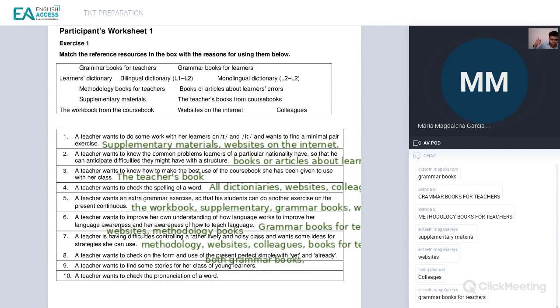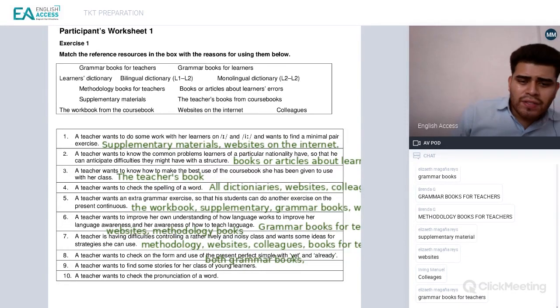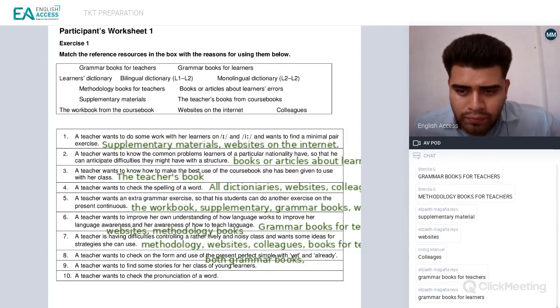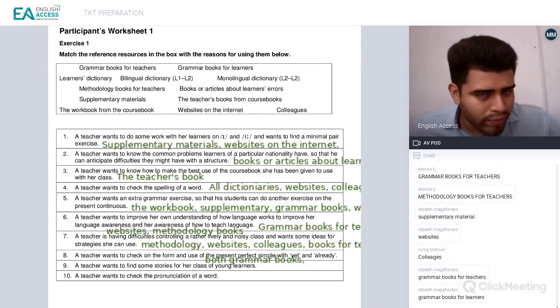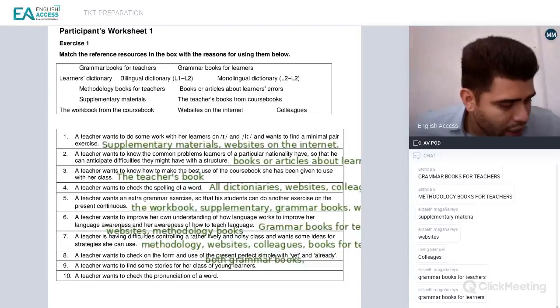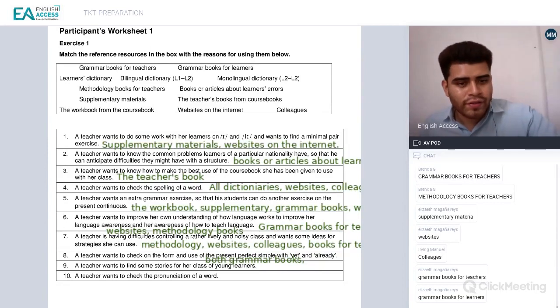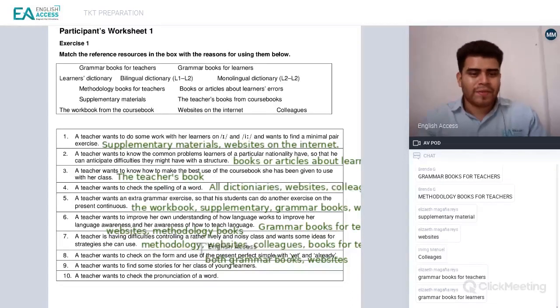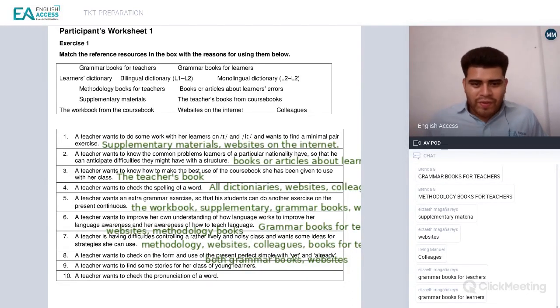So that means the teacher can check the students' grammar books and the teacher's grammar books, because sometimes in the students' grammar books they have a different way of explaining it. You can take into consideration what they say in the student book and what they say in the teacher's book and combine it into your own thing. So both grammar books, learners' and teachers', and of course, websites.